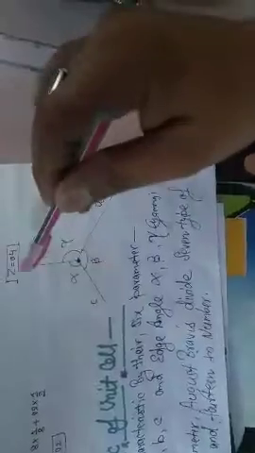Looking at the figure, the angle between edge lengths B and C is alpha, the angle between C and A is beta, and the angle between B and A is gamma. According to these parameters, the French scientist Auguste Bravais divided crystals into 7 crystal systems, and 14 lattices in total.